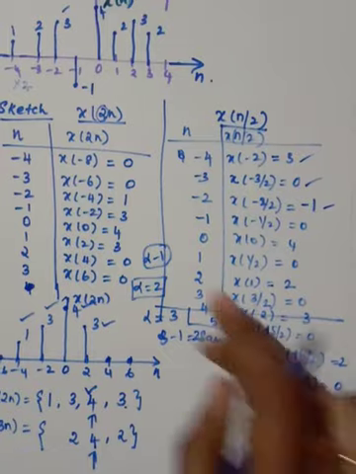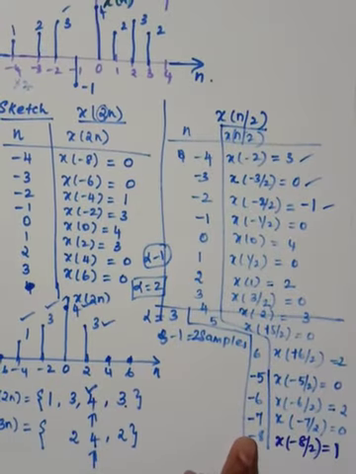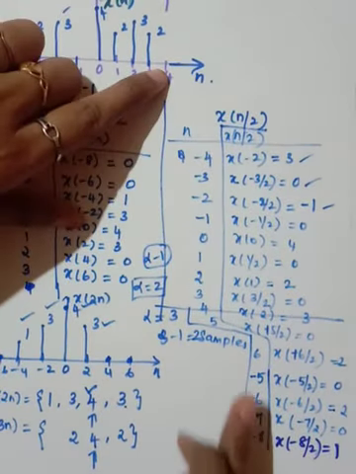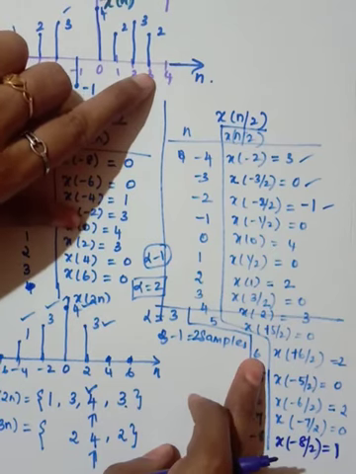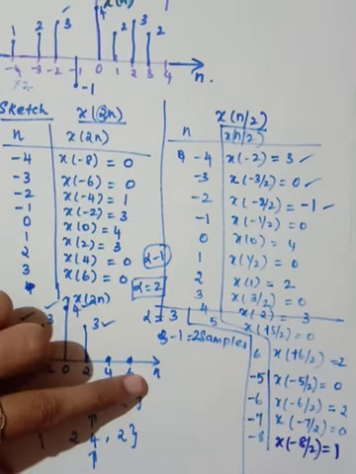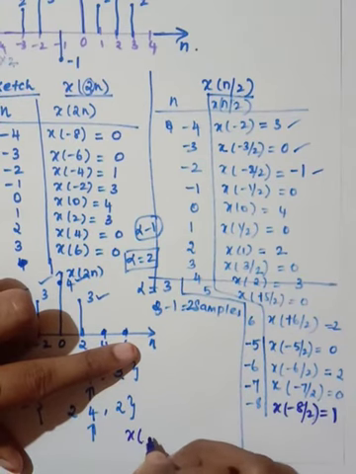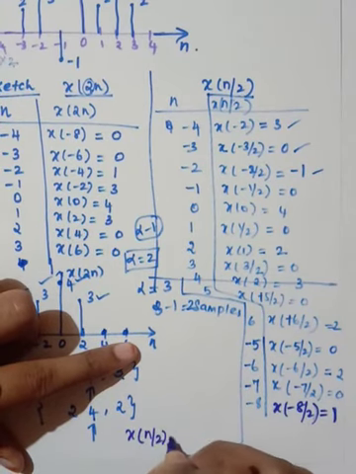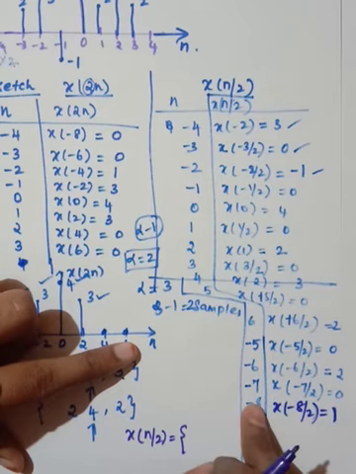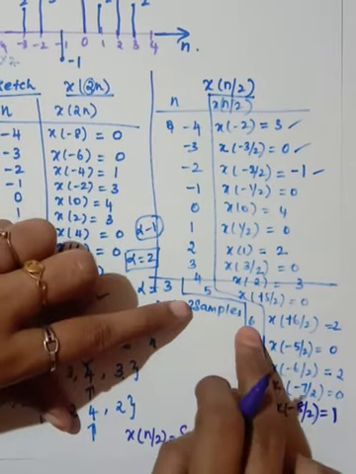Now I have done for the whole range from minus 8, and in the positive range I have done up to 6. Now see how many samples are there here. This x of n by 2 has totally minus 8 to plus 6 samples.